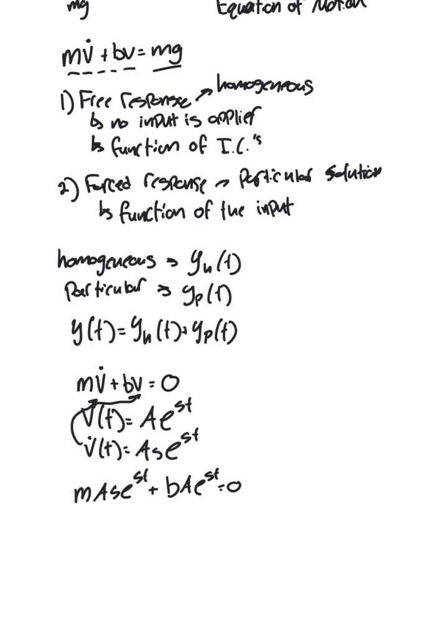We can pull an a e to the st out of this, and we're left with ms plus b times a e to the st is equal to 0.